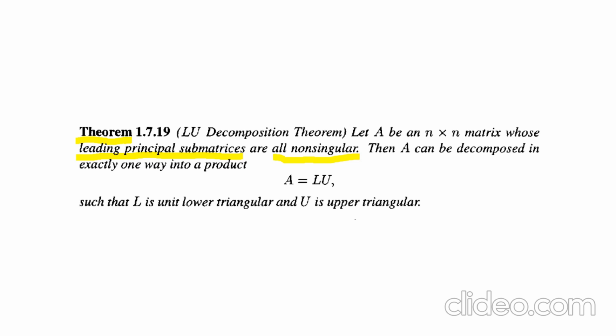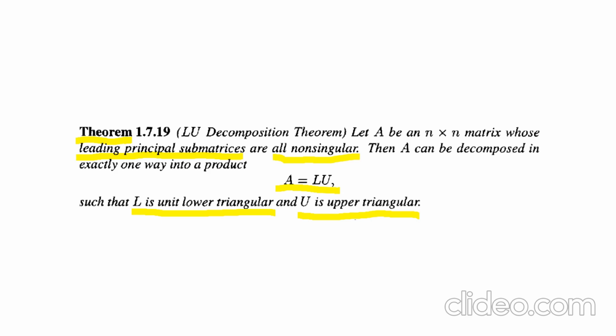Then A can be decomposed in exactly one way into a product A is equal to LU, such that L is lower triangular matrix and U is upper triangular. Both are triangular matrices, while L is unit lower triangular and U is upper triangular.